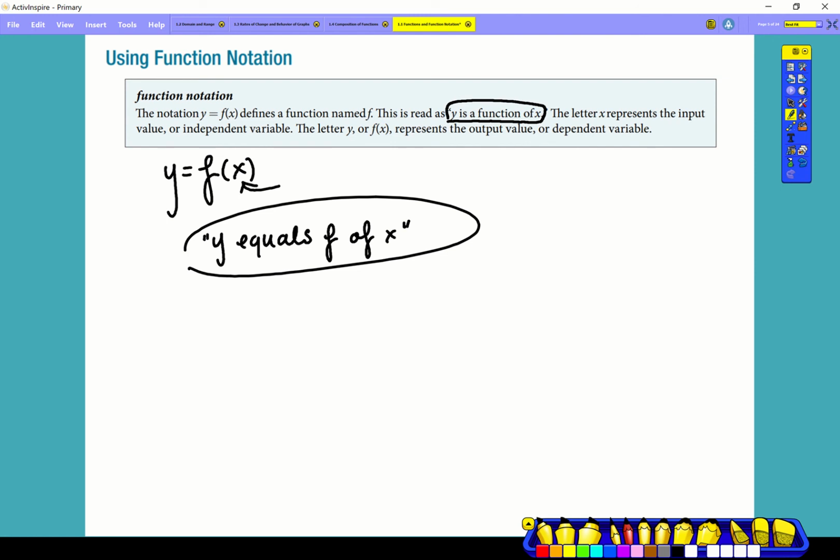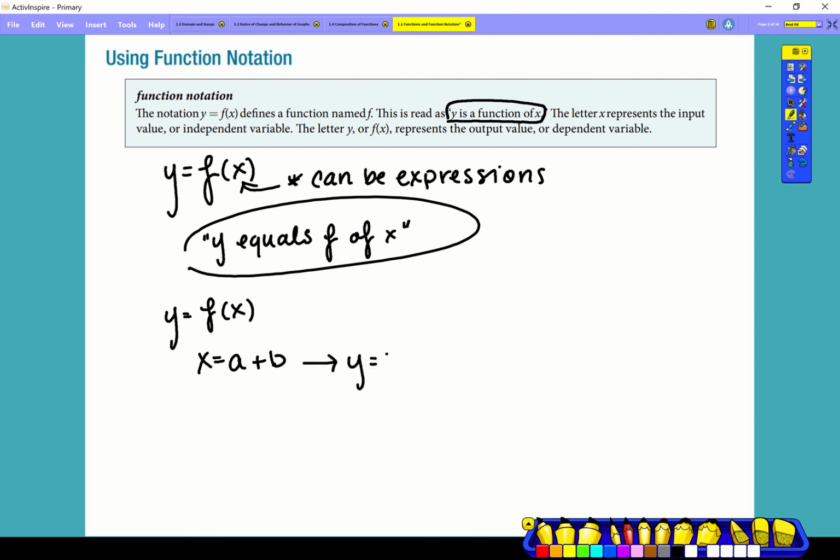So one nice little caveat you need to know is that these input values can be expressions. So y can equal f of x, but if my x equals a plus b, then that means my y equals f of a plus b. And I can do that. That is entirely okay. This is how functions are written.